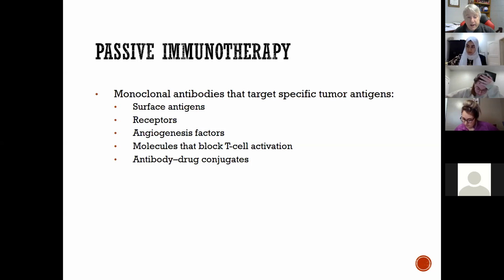And then lastly, we have antibody drug conjugates. They deliver their immunotoxins directed against TSAs. Anybody want to jump on TSA and tell me what that is? That's an easy one. TSAs.